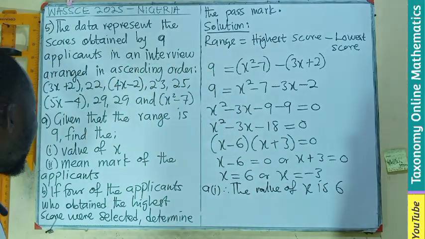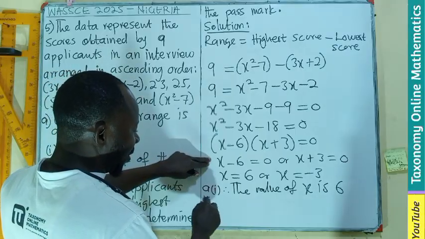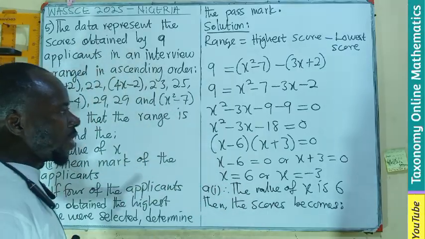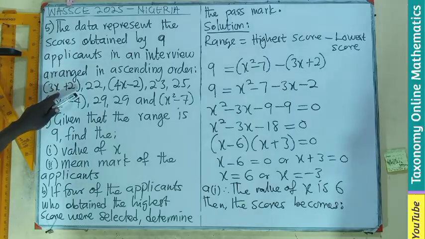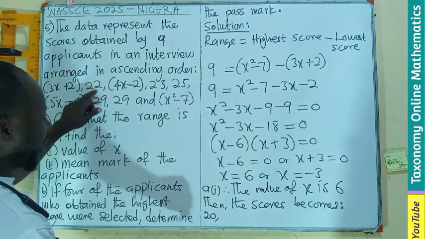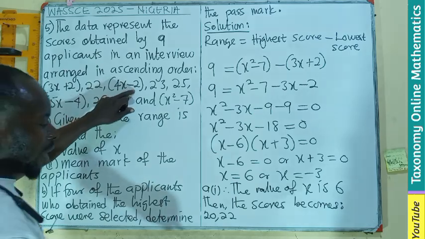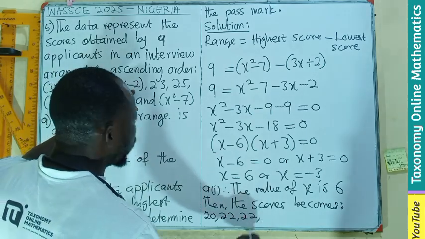If the value of x is 6, then the scores will now become, replacing the x in each of the numbers: here is going to be 18 plus 2, that will give me 20. I already have 22, this is going to be 24 minus 2, 22.